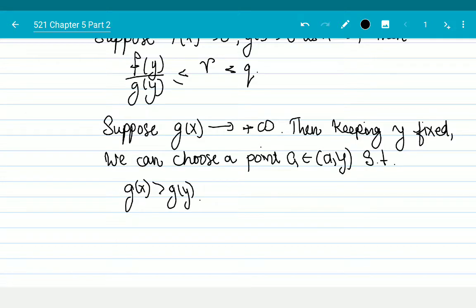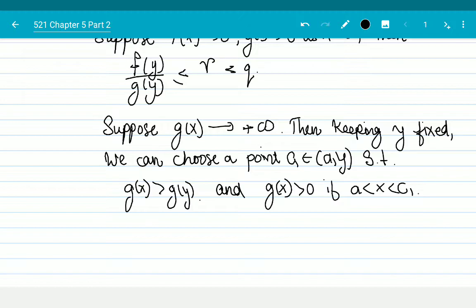Because g of x is going to infinity. And again, because it's going to infinity, I can assume that g of x is greater than 0 if x is between a and c1.